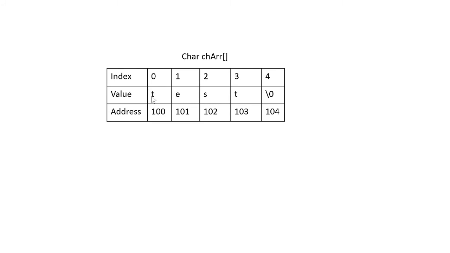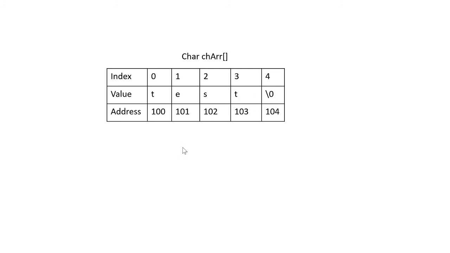But if you see, these variables are declared in sequential addresses. Assuming the address of the first index is 100, the next one will be stored in 101, 102, 103, 104. And the difference is 1, because a character variable takes only 1 byte. So this takes 1 byte, the next index is at 102, and so on.